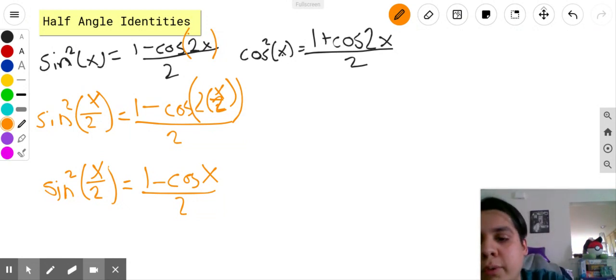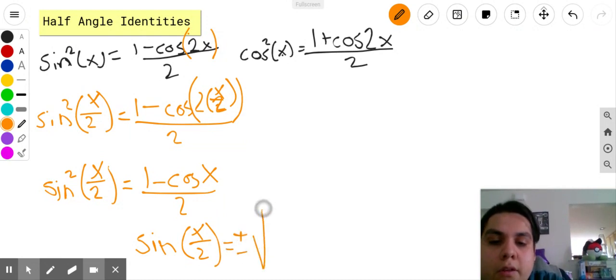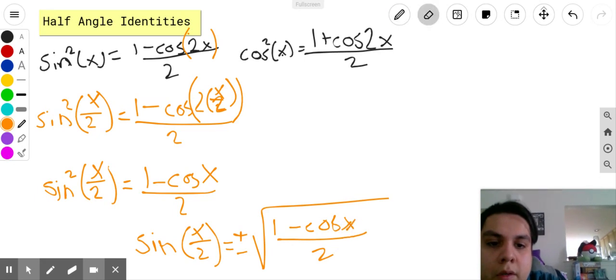So if I do the square root, I end up with sine of x divided by 2 should equal plus or minus the square root of 1 minus cosine of x divided by 2. And that is one of my half angle identities.